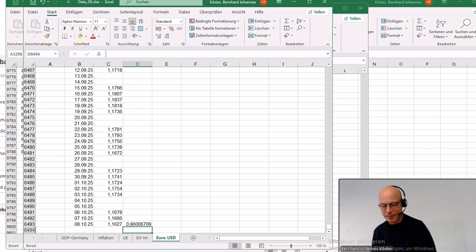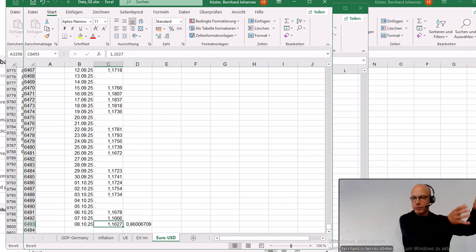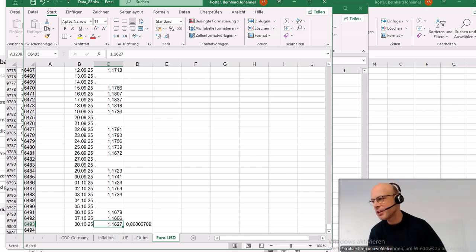But of course, the number shows the same. And there you also have to be careful whether you are providing the price or the quantity representation, because then it means just the other way around whether the exchange rate is appreciating or depreciating. Therefore, you have to be a little bit careful.